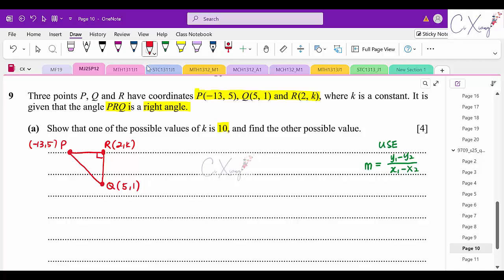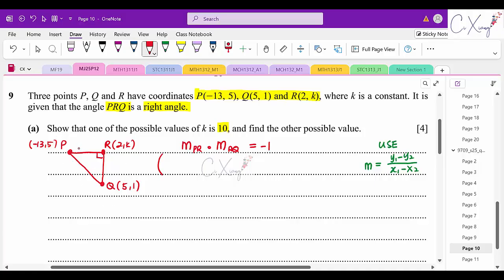Okay, then at the same time, for any right angle or lines that are 90 degrees to each other, you know that the gradient of line number 1, which is PR, multiplied with the gradient of line number 2, which is RQ or QR, should be equal to -1. Okay, by using the coordinates here, we try to find the gradient of the lines PR and RQ.